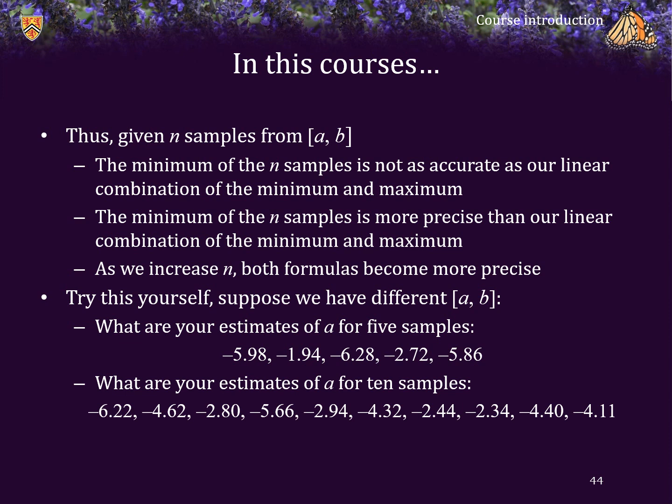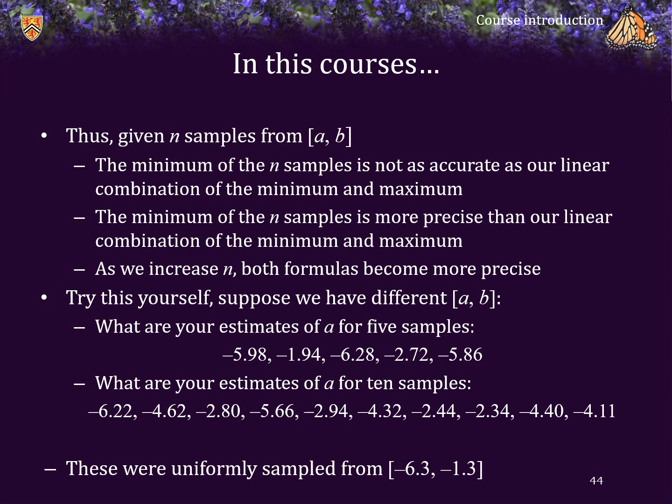Similarly, if you had these 10 samples, how would you estimate the lower bound from which these 10 samples were taken? Pause the video, try it yourself, and when you come back, I'll give you the interval from which they came.